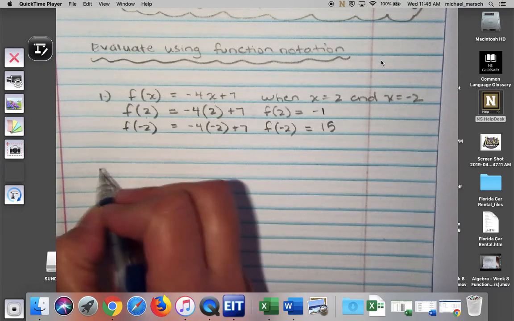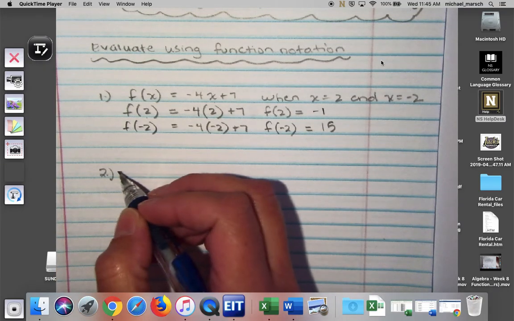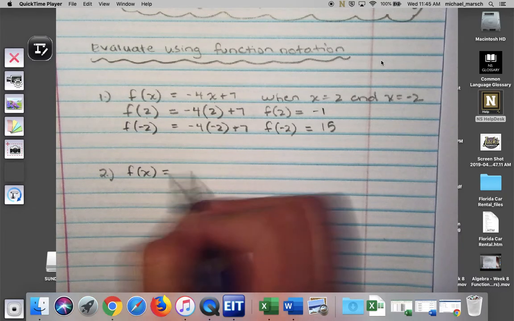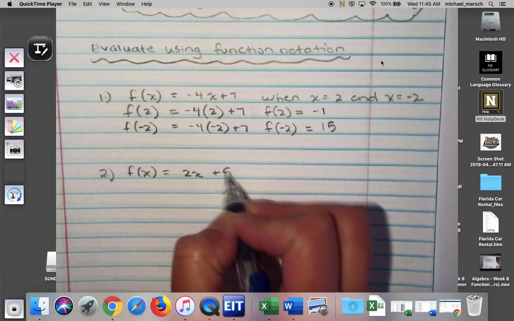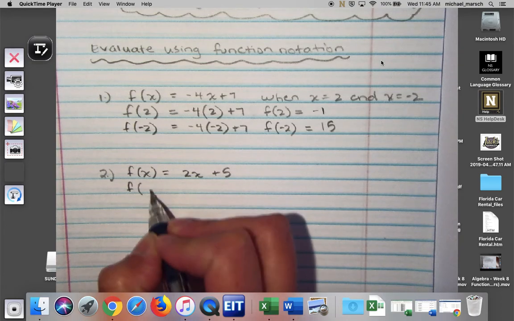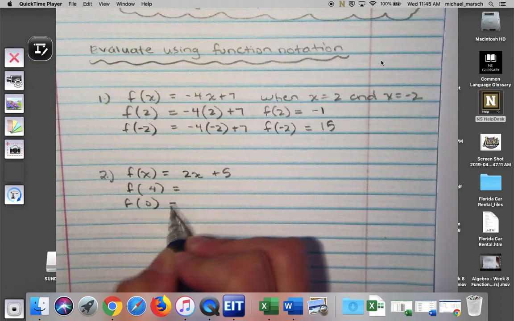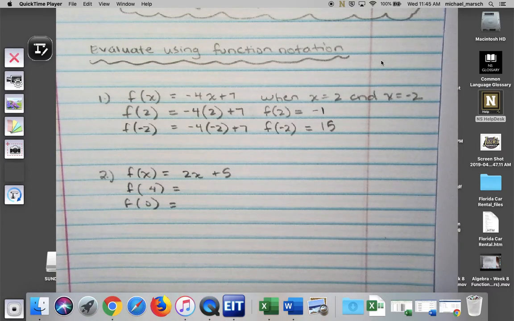Let's try another example. Function of x equals 2x plus 5. So what's going to be the function of 4?